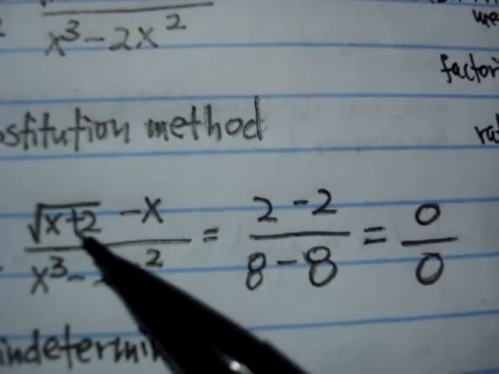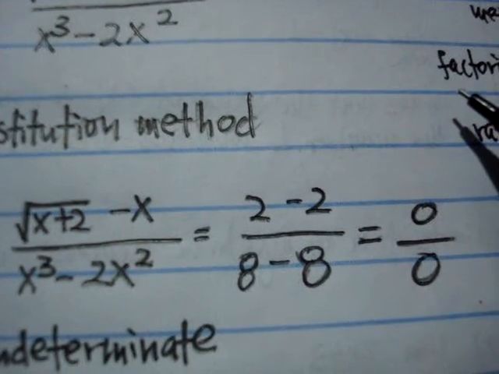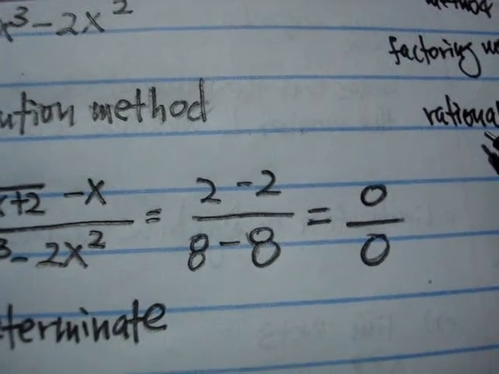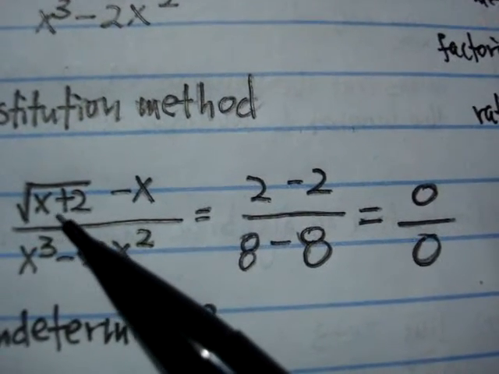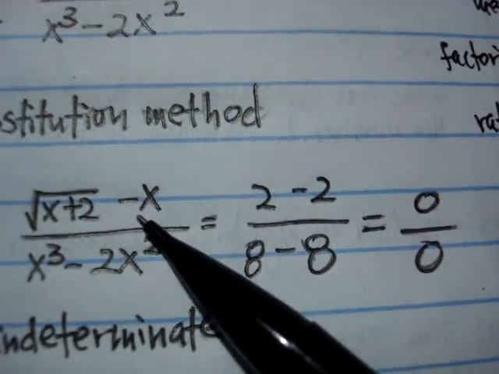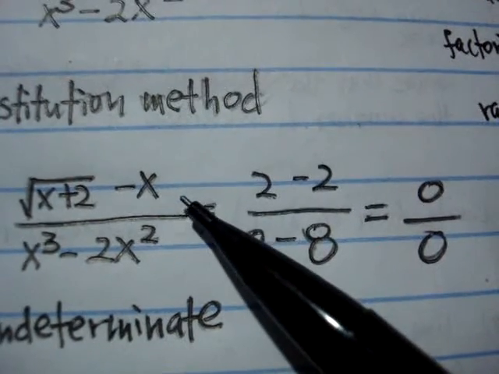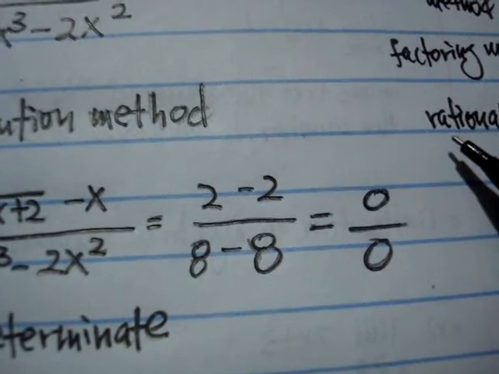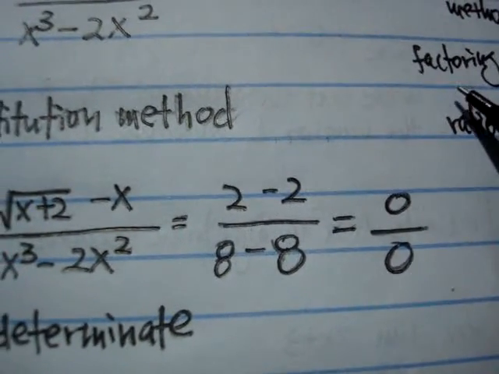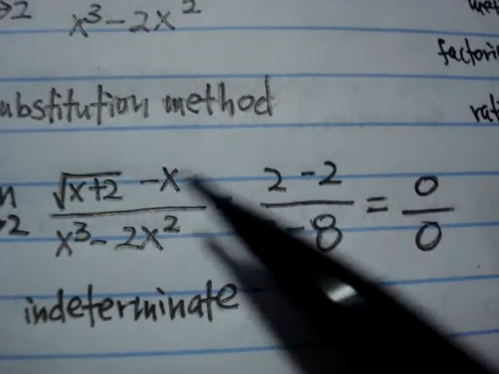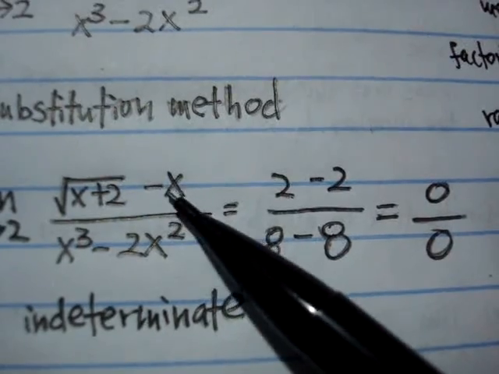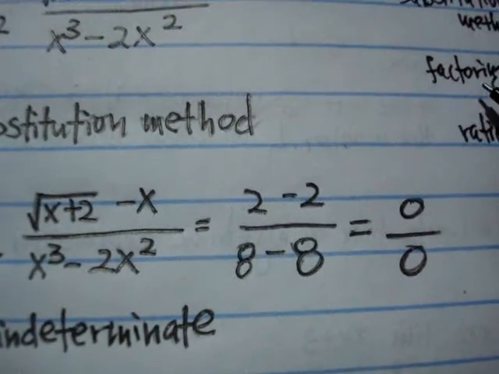But you realize that there's a radical, so you should not use the factoring method. You should use the rationalizing method, because you have to recognize that every time you have a limit of a radical plus or minus a constant or a variable, you need to use the rationalizing method, not the factoring method. If you have an x squared plus, if you have a polynomial function, then you should use the factoring method.